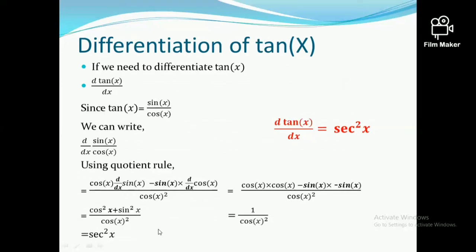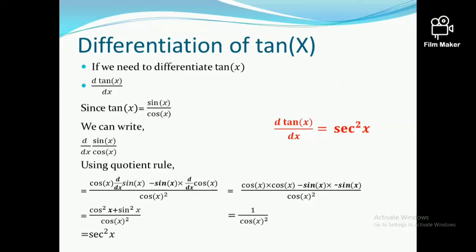If you are not familiar with these theories, refer to my trigonometric relationship formulas. Then 1 over cos squared x. There is a relationship: 1 over cos x is called sec x.